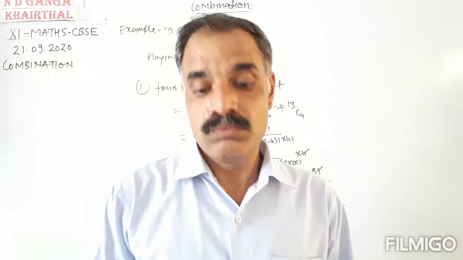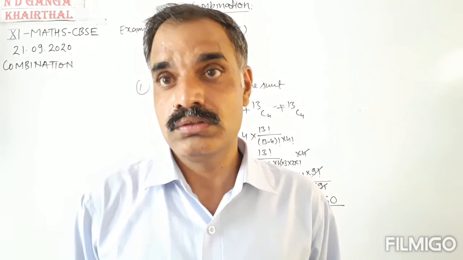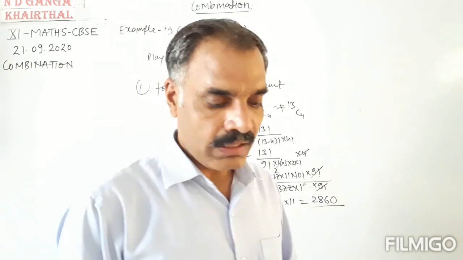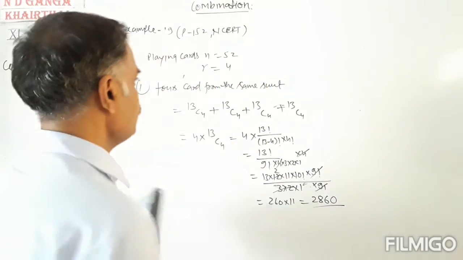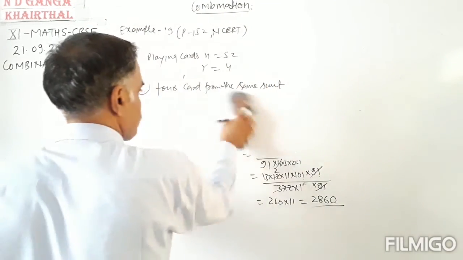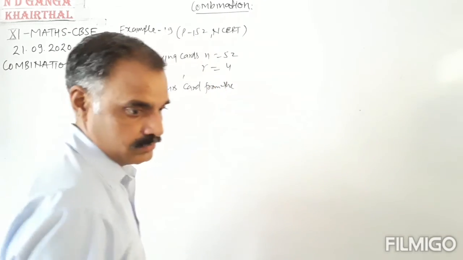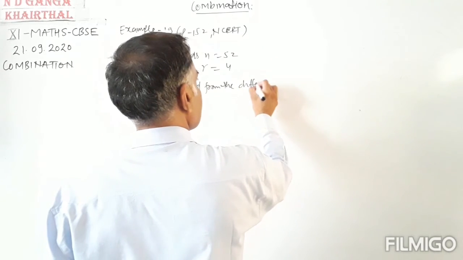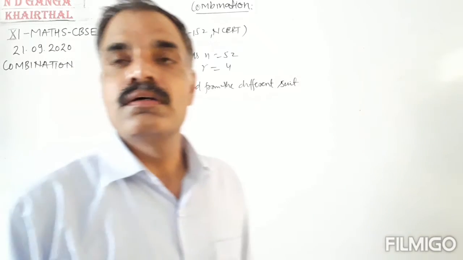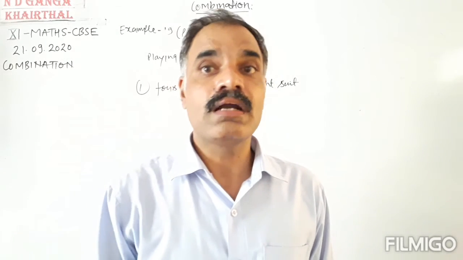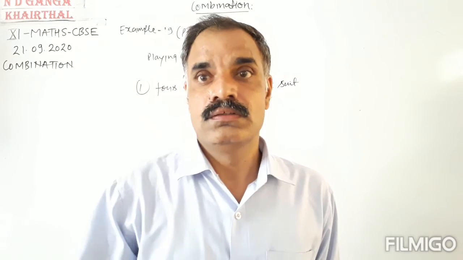That is when we select all 4 cards from the same suit. Now if the 4 cards belong to different suits, means one card from club, one card from spade, one card from heart and one card from diamond.